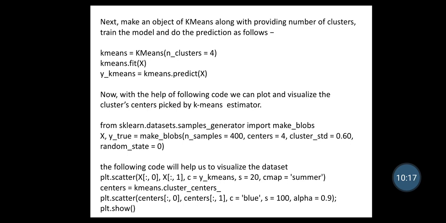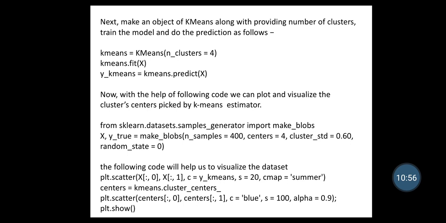Now with the help of the following code we can plot and visualize the cluster centers picked by the k-means estimator. So I call the library here, from sklearn.datasets.samples_generator import make_blobs, and then define the variables X and y equal to make_blobs with arguments such as samples, centers, cluster standard deviation and random state. The following code is executed and visualizes the data.